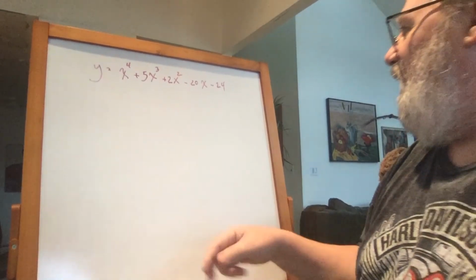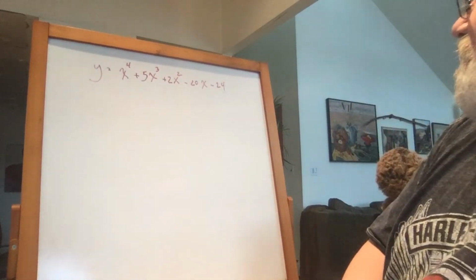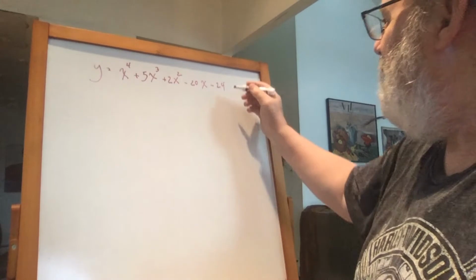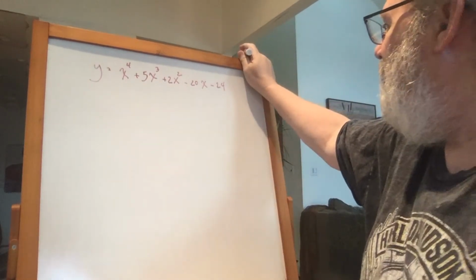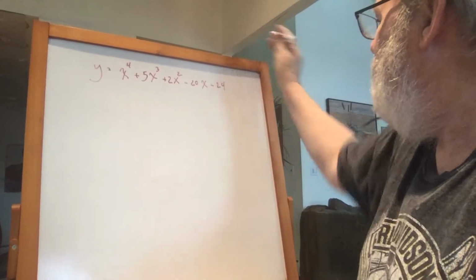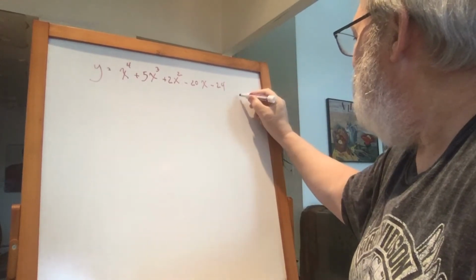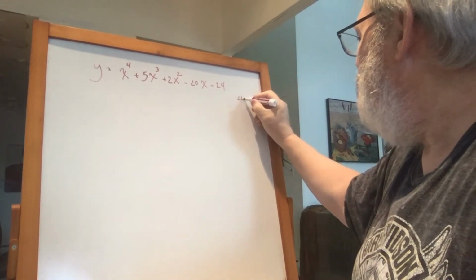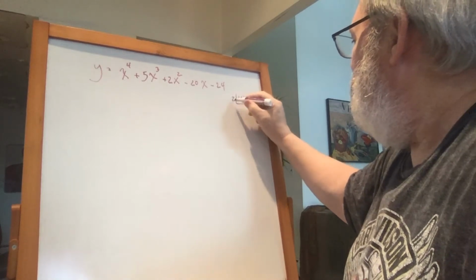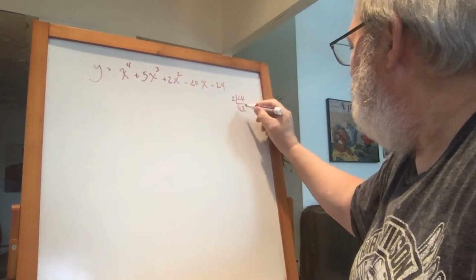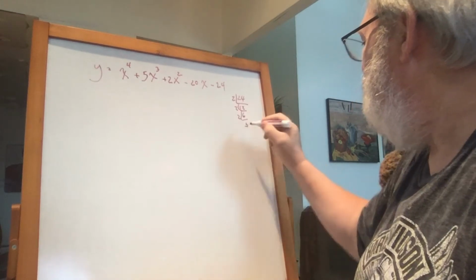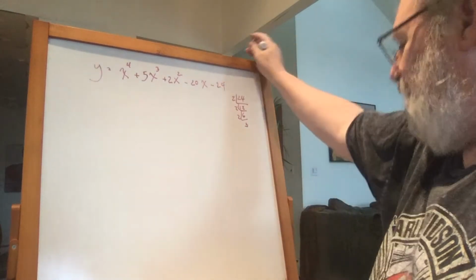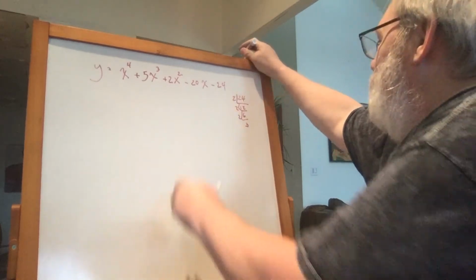Now, the other thing is that we can take a look at this last term, 24, and factor that. Now, we could use the old-fashioned way, 24, 2, 12, 2, 6, 2, 3, and that gives us a number of different results.